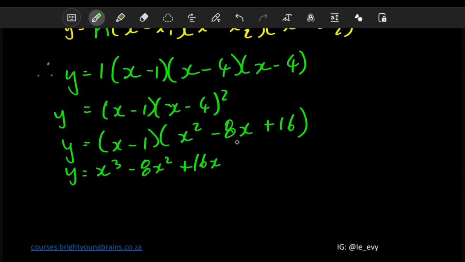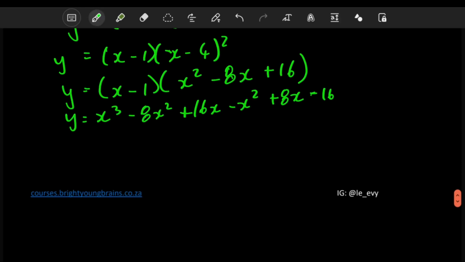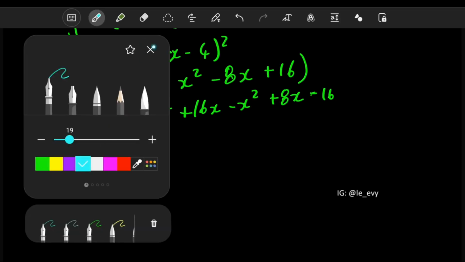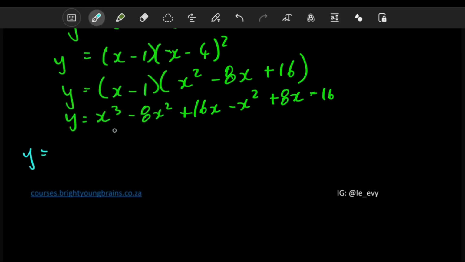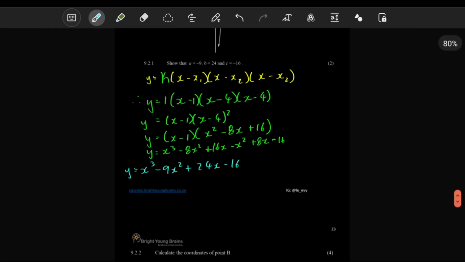And then negative 1 times x squared is negative x squared. And then negative 1 times negative 8x gives plus 8x. And then negative 1 multiplied by 16 gives negative 16. There we go. So obviously we might as well just simplify everything now. This is x to the power of 3. This and that is going to give you negative 9x squared. And then clearly that's going to give you 24x and then a negative 16.